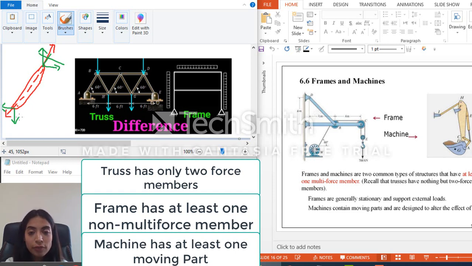These two forces are axial or could be assumed axial if this member does not have any external force on it.